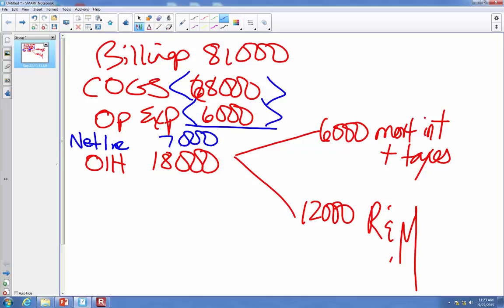So I've got net income of $7,000 before OIH. Can you show me which line item that number would go on your Schedule C?